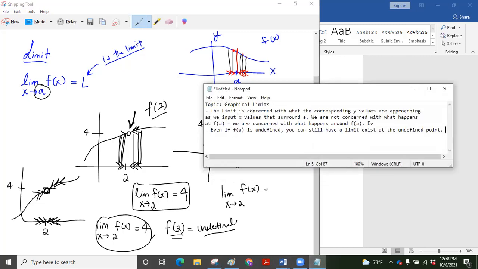So if there is a hole at f of a, then f of a is undefined. If I plug a into the function and I get a hole, then I'm going to say that f of a is undefined. But this doesn't mean that the limit cannot exist at that point.